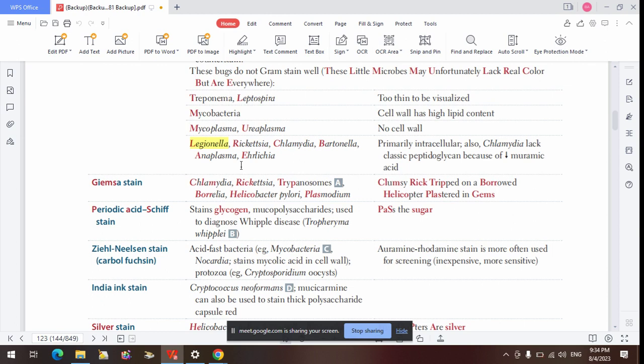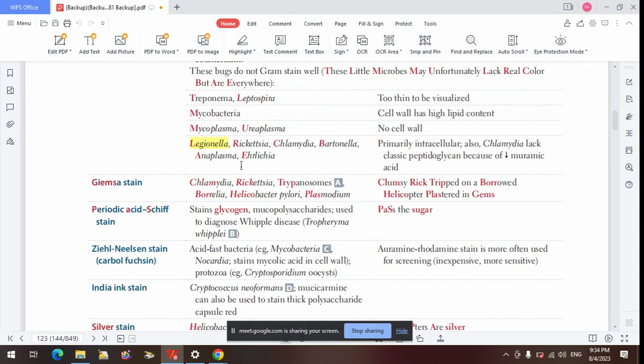You can see it with Giemsa, you can see it with silver stain. So under the Giemsa stain, number one, we can say our protozoa, Trypanosome and Plasmodium. We can say our Chlamydia and Rickettsia because they go together, and we can add the common one, Helicobacter pylori. We are done with Giemsa.